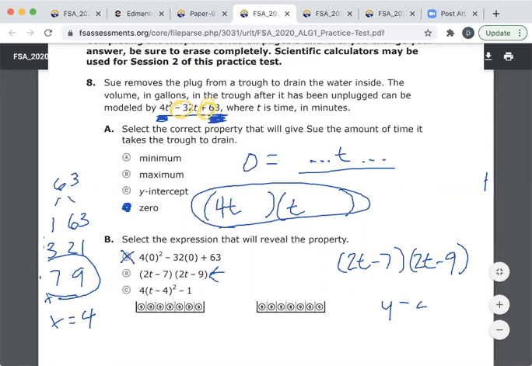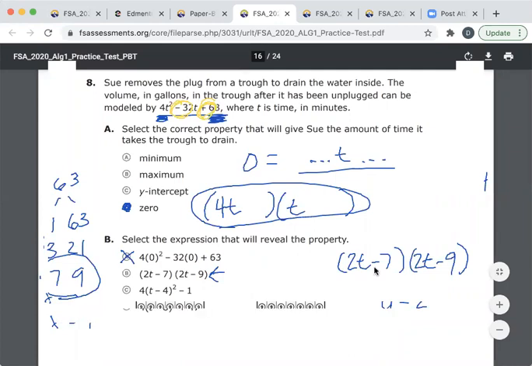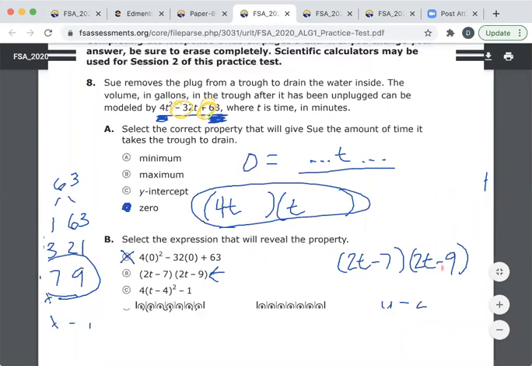That means they're going to add to give a negative number, and multiply to give us a positive number. So that's why it's a negative and a negative, because a negative plus a negative is negative 32, and -7 times -9 is positive 63.